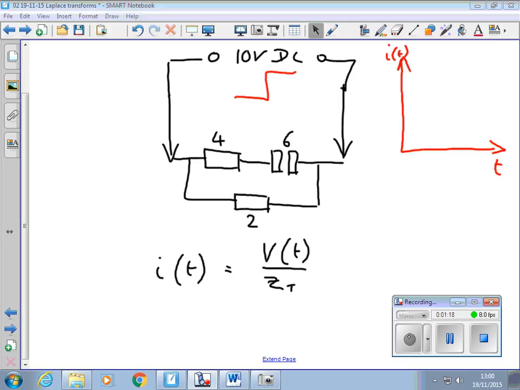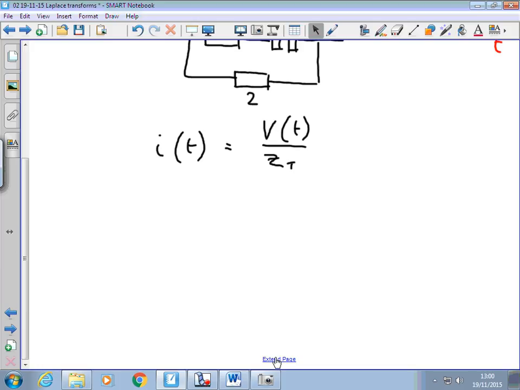So that's the formula we're going to apply. Current is voltage over resistance. But what we're going to do, first of all, is convert this into S space. So we're going to find IS in S space, which equals V in S space over Z in S space.